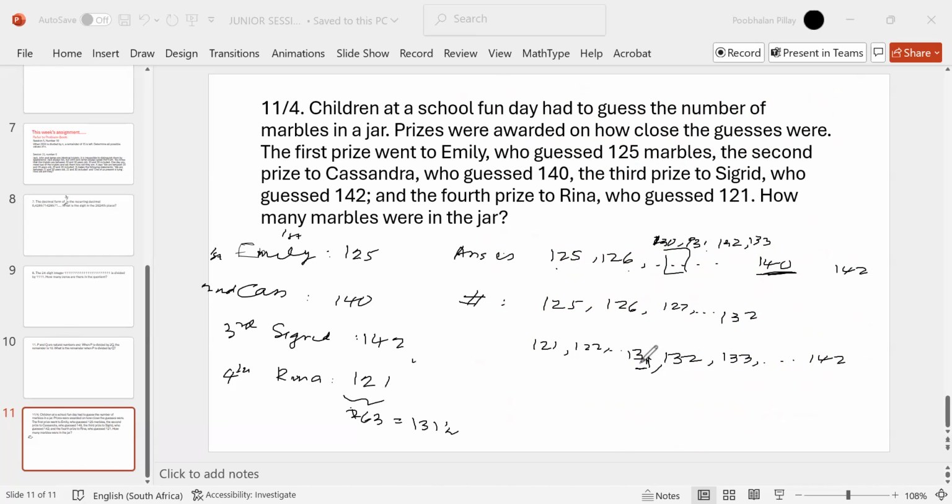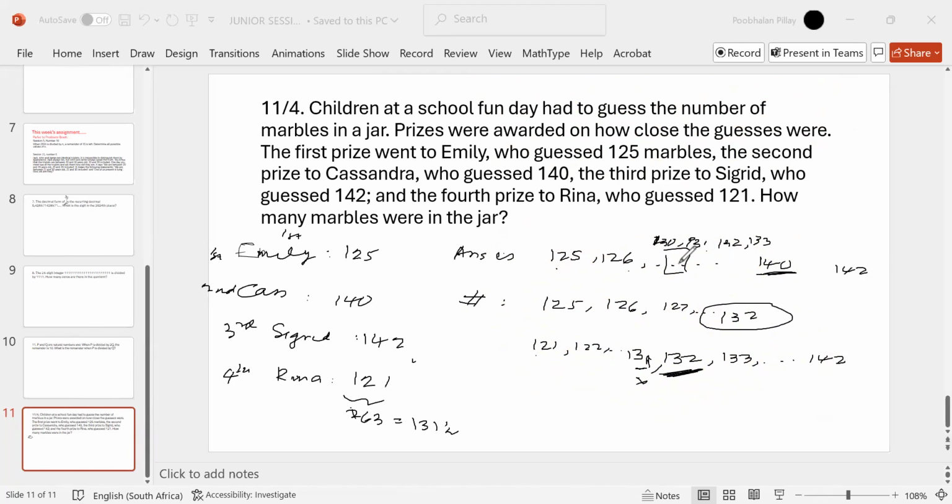So this is closer. So this can't be the answer. So this one here is a possibility, because 132 is 10 away from 142, and 121 is 11 away from this answer. So therefore, she is better than that. So 132 is a possibility, and it is here. So that's the answer, 132.